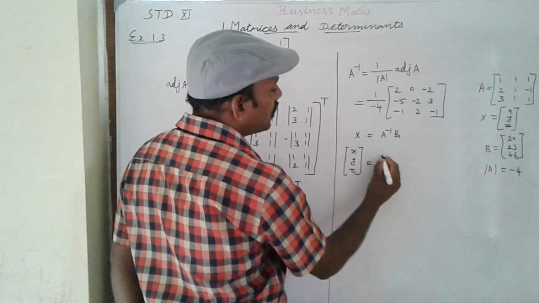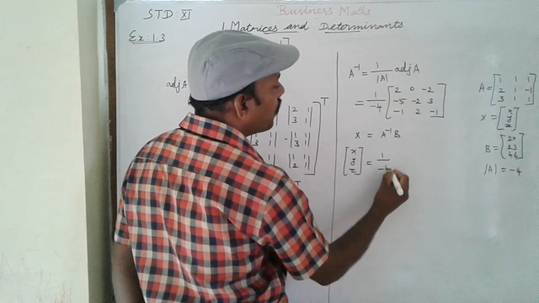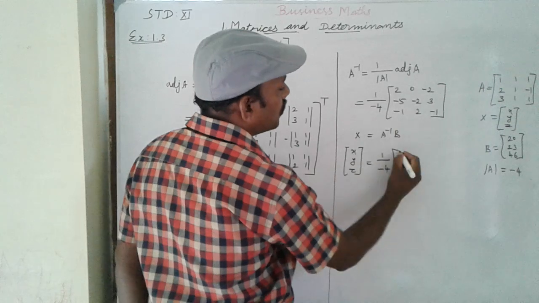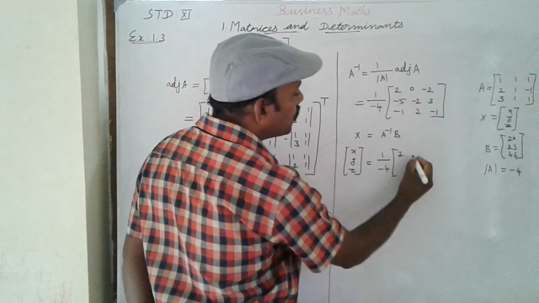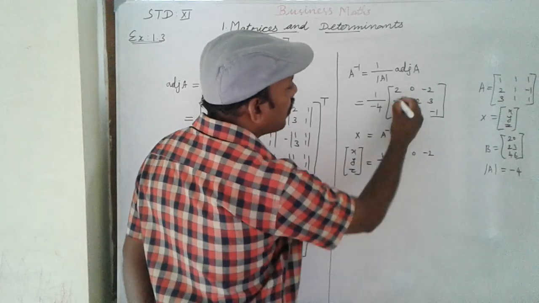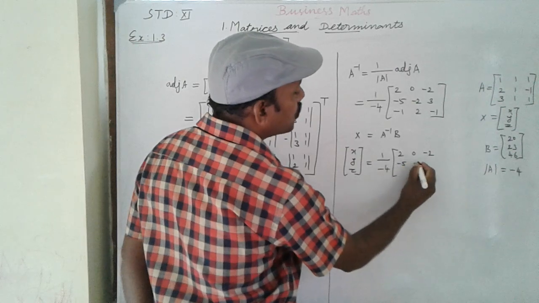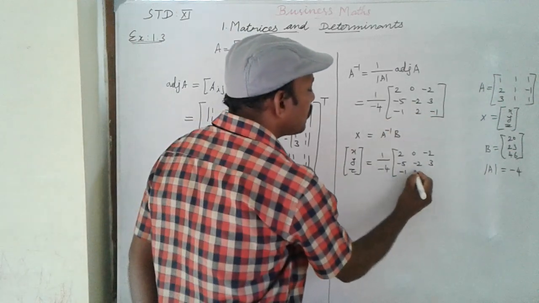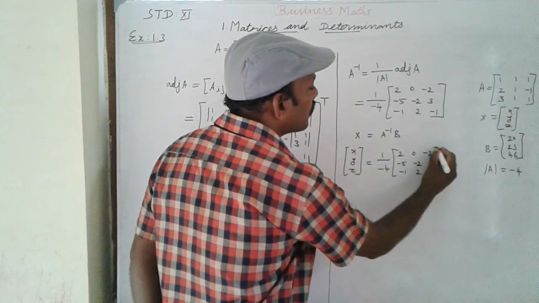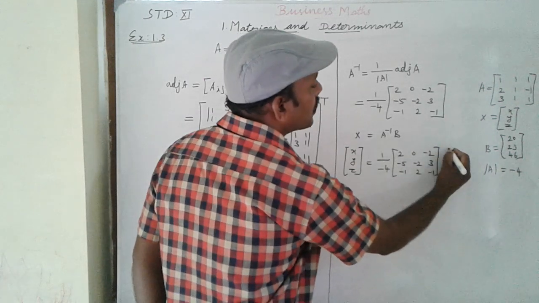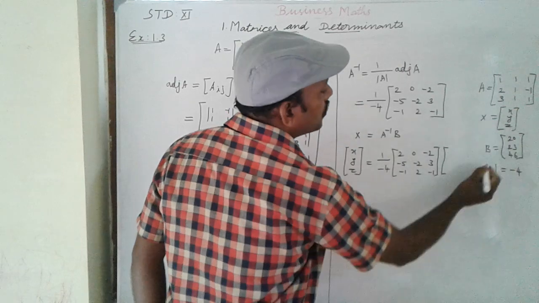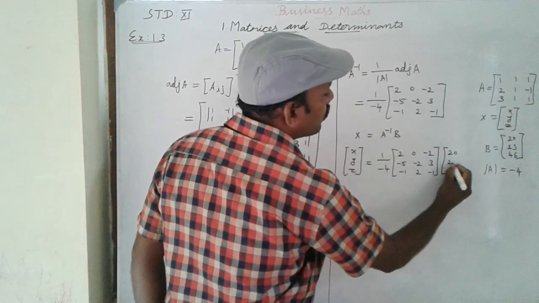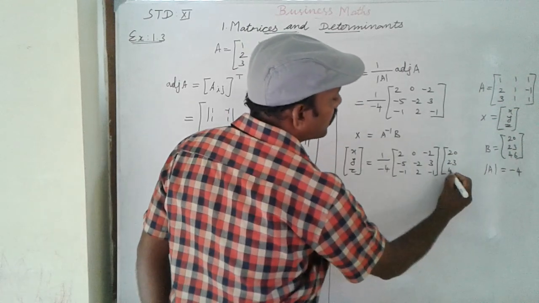X value: A inverse, we know that 1 divided by minus 4 into 2 0 minus 2, minus 5 minus 2 3, minus 1 2 minus 1. B matrix we know is 20, 23, 46.